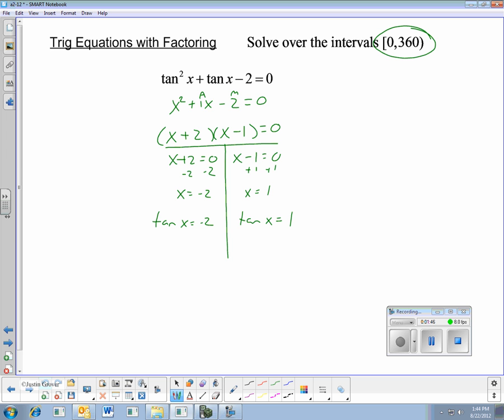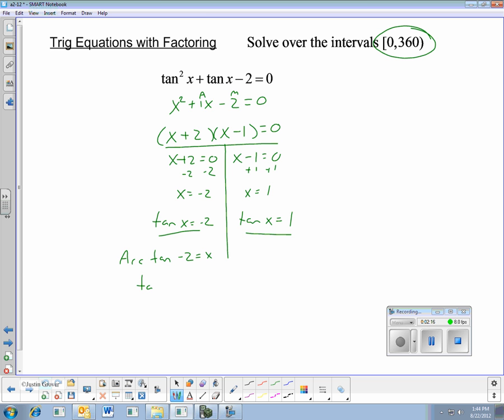So now we need to find the angle measurements here. This is great, this is definitely part of the answer. But what we have here is a function and the ratio 2 over 1 or 1 over 1. What we really want is the angles. We're solving for x, not for tangent x. And so we need to find angle x. So we're doing arctangent of negative 2 to find x. Where is tangent negative 2?